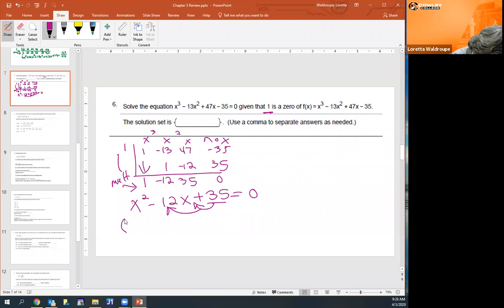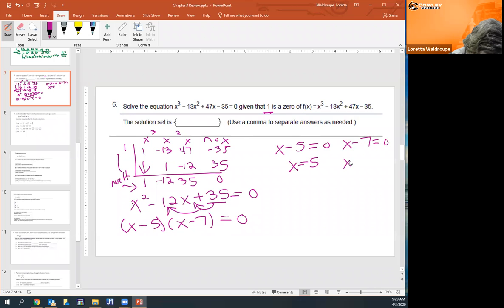And there are a negative 5 and a negative 7. Set each factor equal to 0. So I get 5 and I get 7. But don't forget that that 1 that they gave you is part of the solution also.